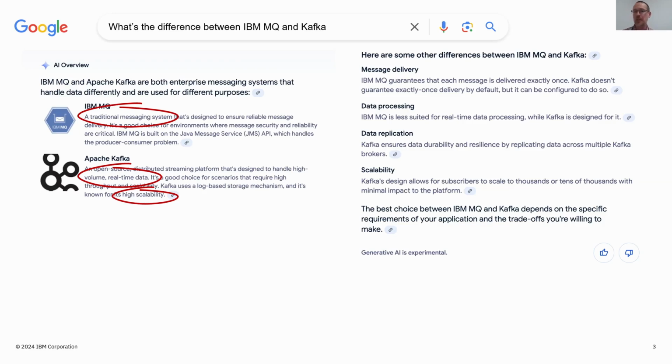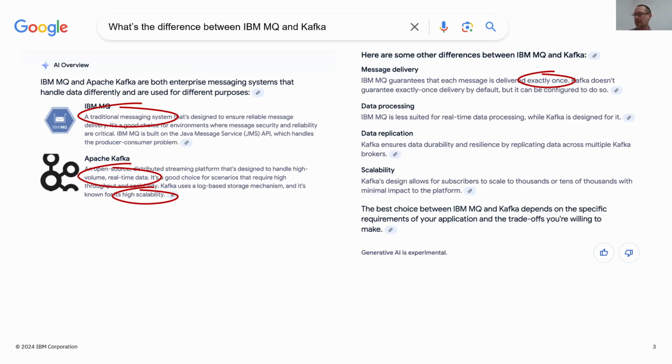And I will look at this in detail later. Then it goes into some more specific details on the right. When it comes to message delivery, MQ is obviously all about exactly once and very prescriptive message delivery, and that's where we excel. Here it says Kafka doesn't guarantee exactly once delivery by default, but that's something you can switch on.